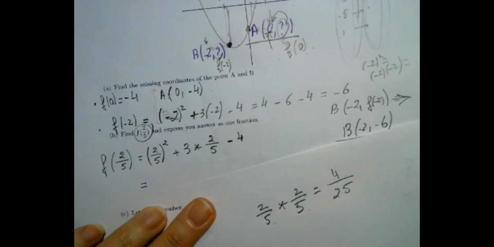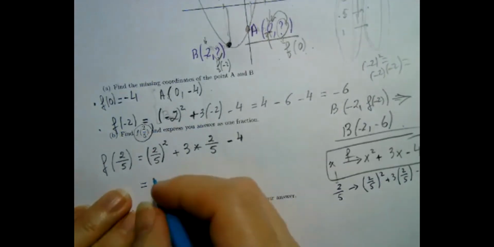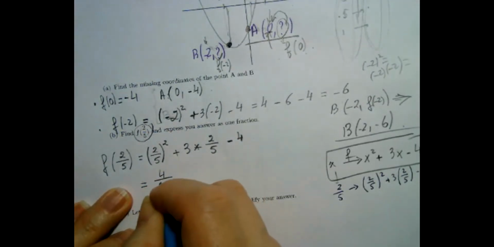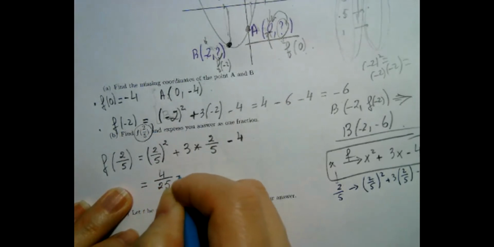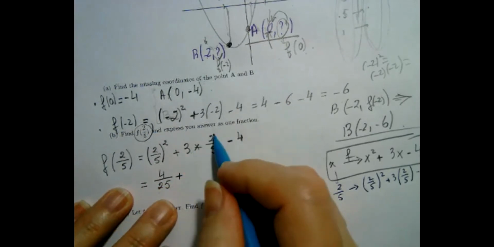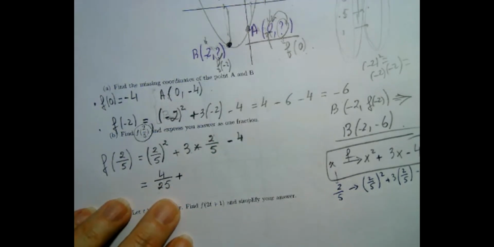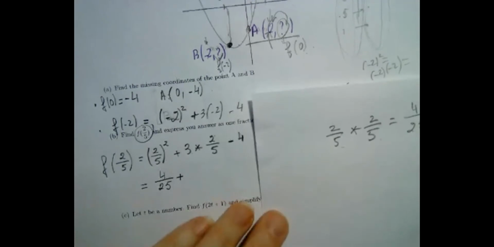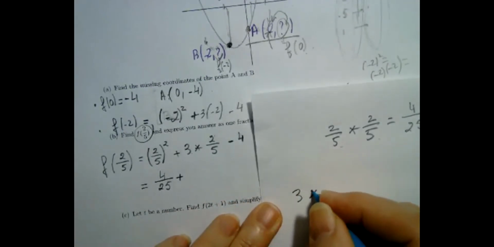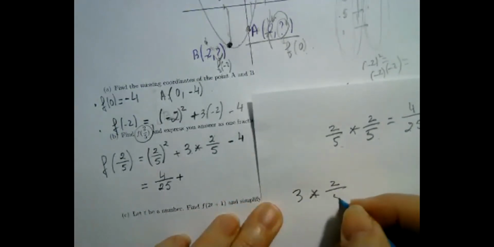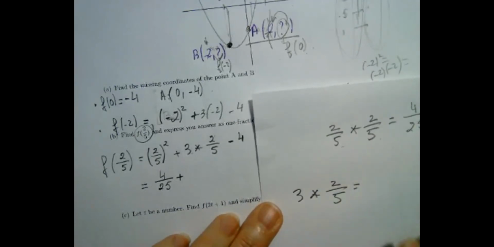Correct? So it's 4 over 25 plus 3 times 2/5. You can put it on chat if you want. How much is 3 times 2/5?